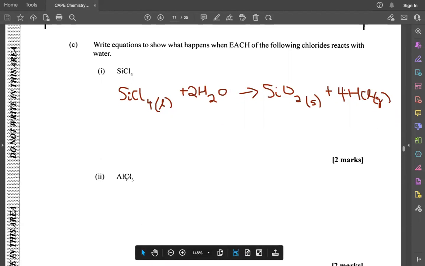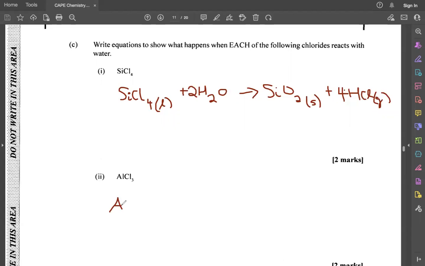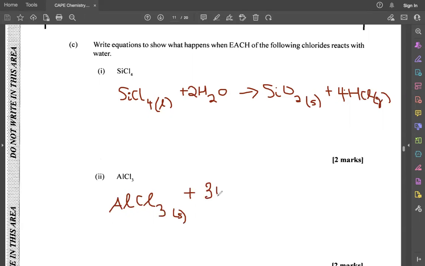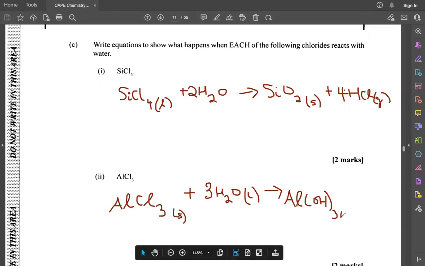Now let's move on to aluminum chloride, right? For aluminum chloride, what's going to happen is we're going to have our AlCl3, and that exists as a solid naturally, right? And so then we're going to have water going with that to give us a hydroxide in this case, so we're going to get aluminum hydroxide. So that's a more basic solution there, right?